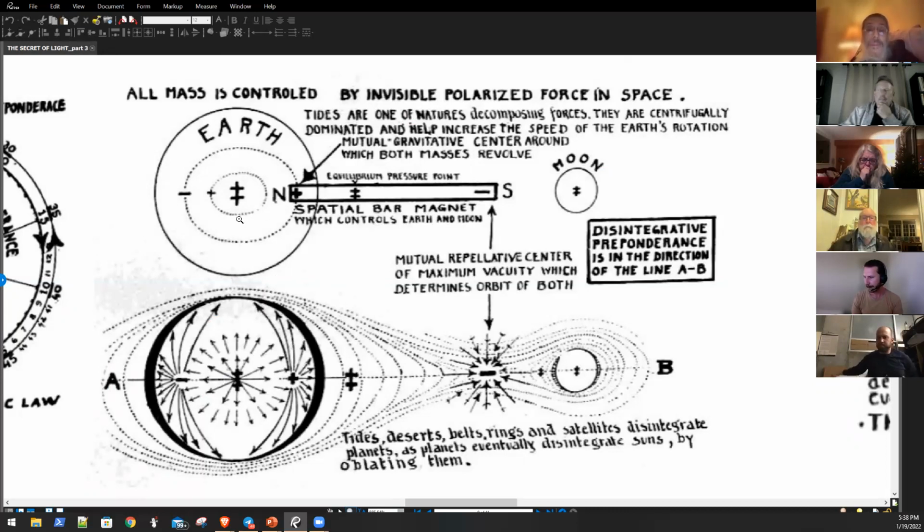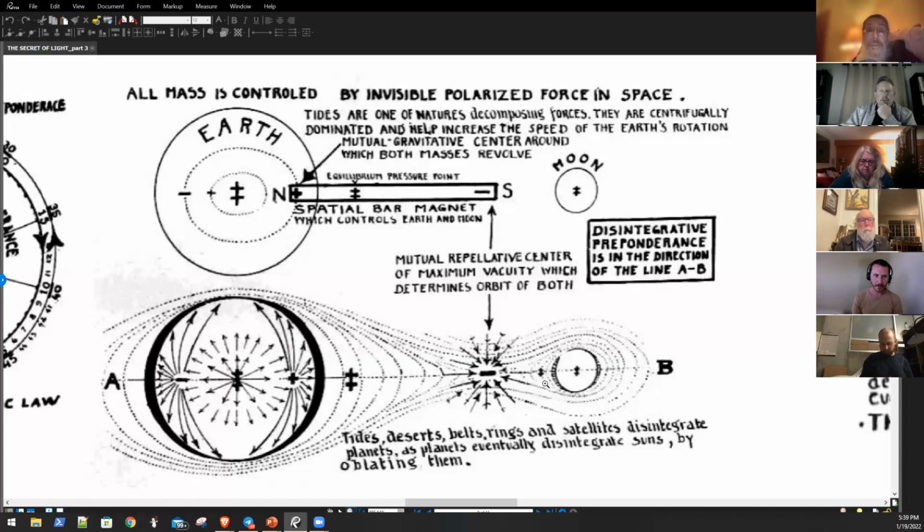So as you can see here, within Walter Russell's cosmology, he believes that the Earth's a sphere and that the Moon's a sphere, that they have mass, that they have polarities, and that they are acting upon one another within the cosmos, which is being held together by these polarities of this outward force, which is radiation, being worked upon by a force going to the center, which is the gravitational, to complete the sphere.